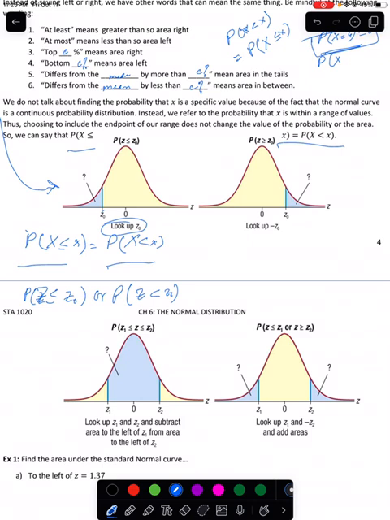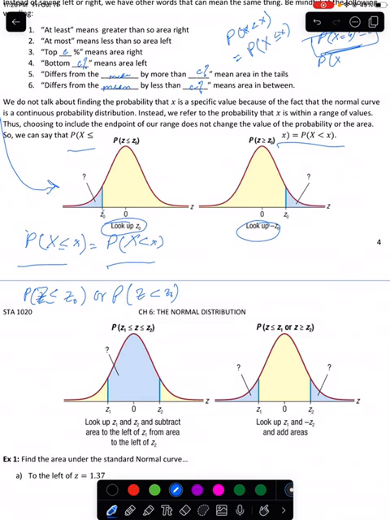If the question asks us to find the area to the right of a certain value, then we will look up negative Z. We will look up negative Z, and I will tell you in a minute why. And that will give us the area to the right.